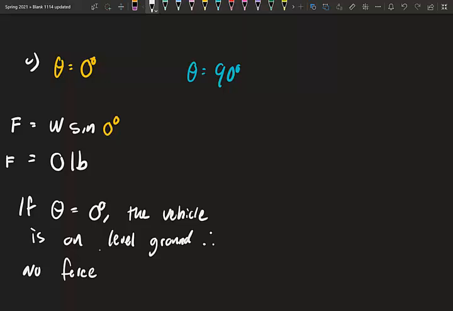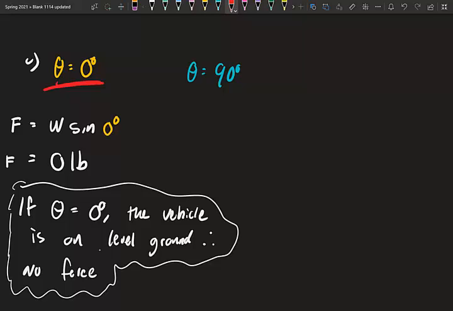If theta is 0, the vehicle is on level ground, so there's no force. There's nothing pulling you down, and nothing stopping you from going up. So it does make sense.